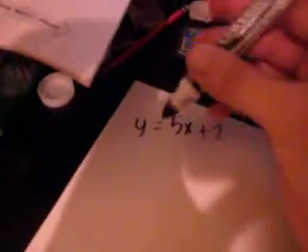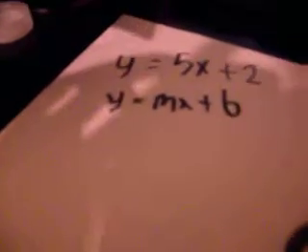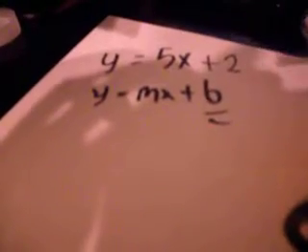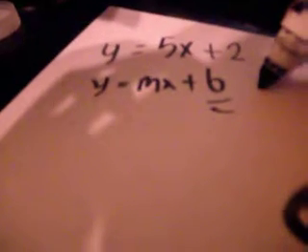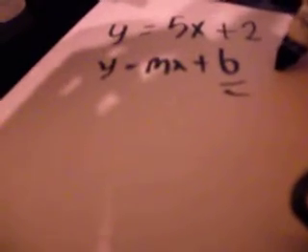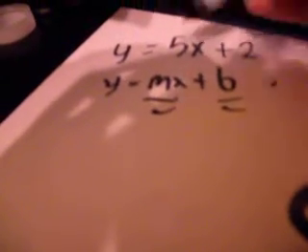Okay, so since this is in slope-intercept format, y equals mx plus b, b is the y-intercept where it crosses the y-axis, and m is the actual slope, so as you can see, 5 replaces m, making 5 the slope.